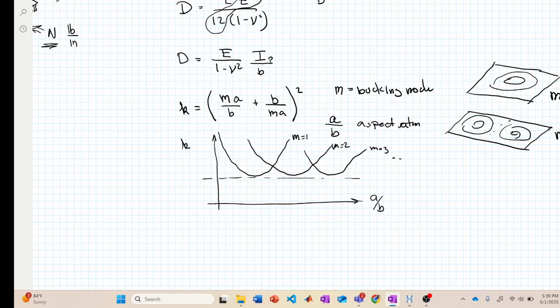So basically up till, I think it's square root of 2, but I'm not exactly sure, you're going to have mode 1, and then you're going to get mode 2, and then mode 3, and then mode 4.